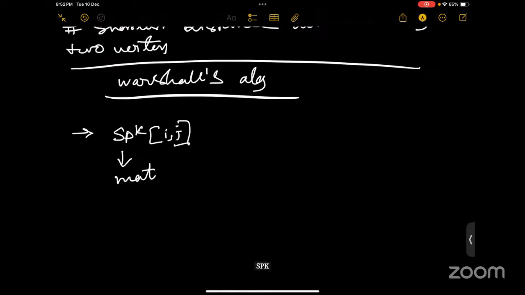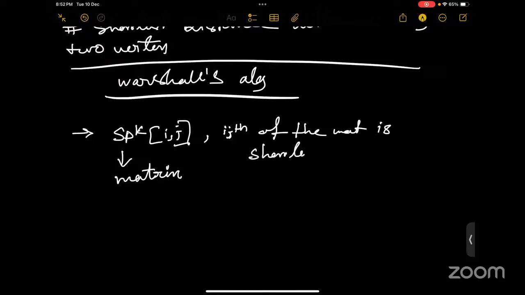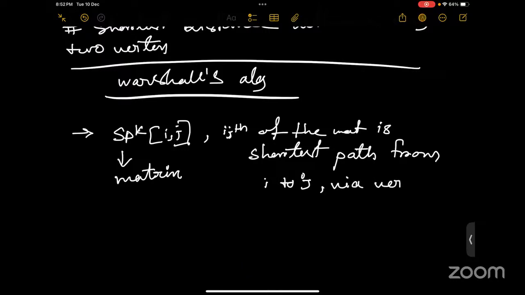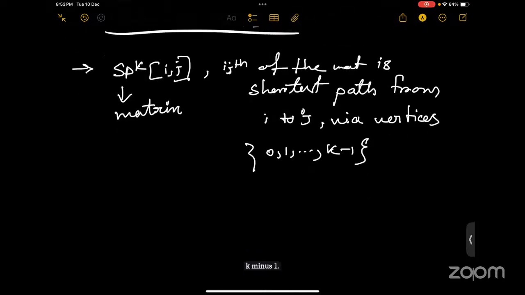SP^k is a matrix, and the ijth entry of the matrix is the shortest path from i to j via vertices 1, 2, up to k minus 1. Okay. So this is the definition of SP^k.